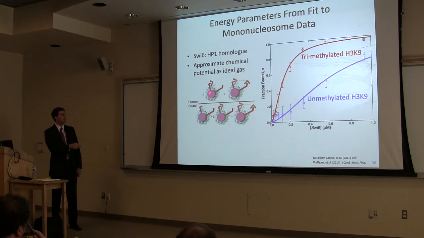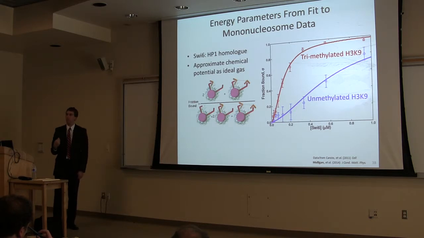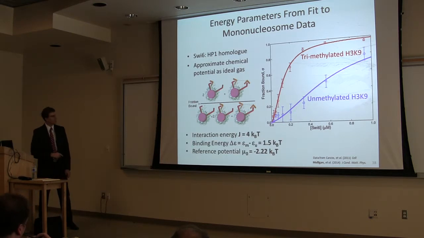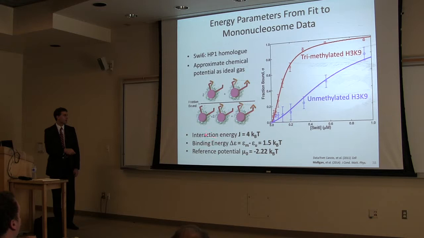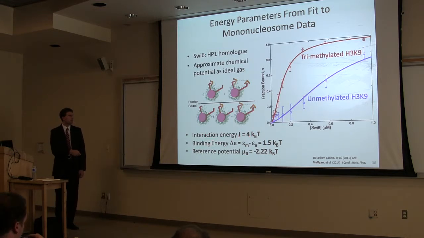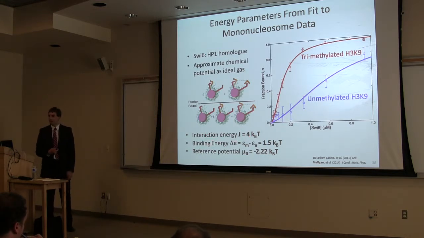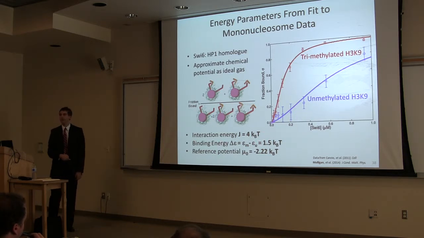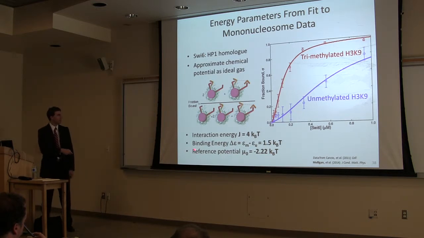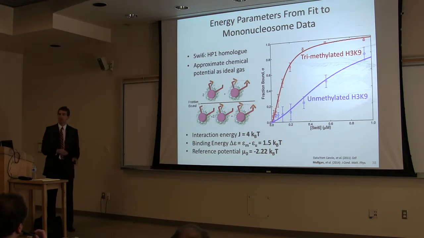And based on the energy weights for each of these states, we can then calculate a fit to this curve and get our parameters. And so the parameters we come out with are an interaction energy, J, which equals 4 kT, a binding energy difference between the unmethylated and trimethylated state of 1.5 kT, and finally a reference potential. And this is to basically convert our chemical potential to concentrations that are measured within the cell.